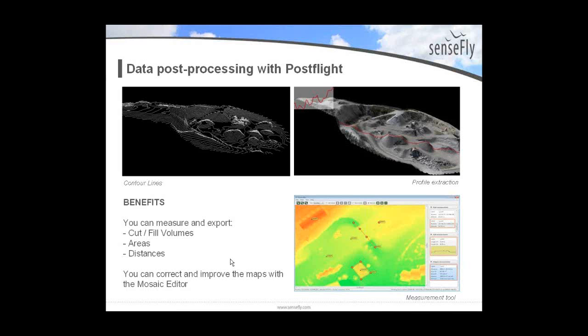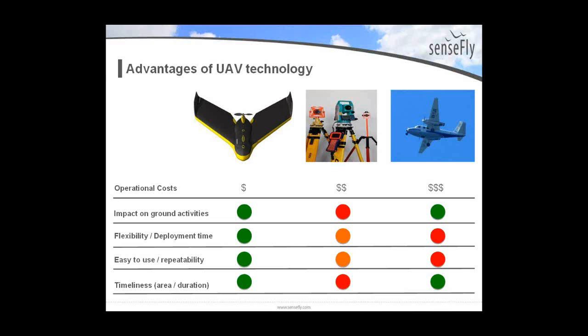So operational cost, the eBee is about $26,000. And it's a turnkey price. That's everything, with about a half a day of training involved. You know the cost of your survey equipment, and you know the cost of aerial surveys. So the eBee, you own it, you can fly it at any time.